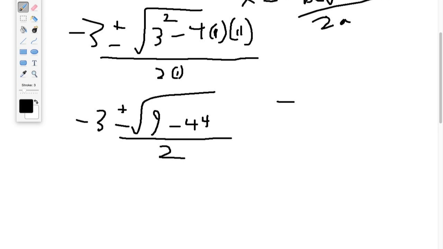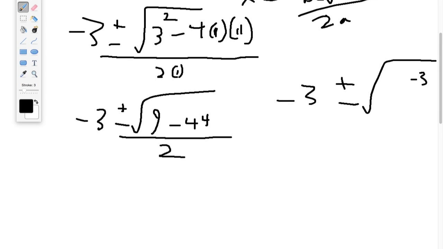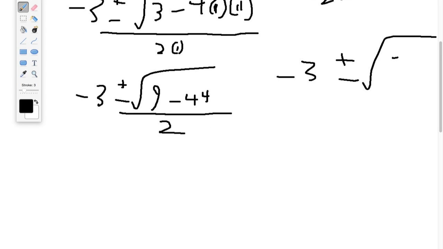So that means that we have the square root of negative 35. And so basically what this means is that the number here cannot be a positive number. If we just take the regular square root of 35, it's 5.916, and then some more decimals.